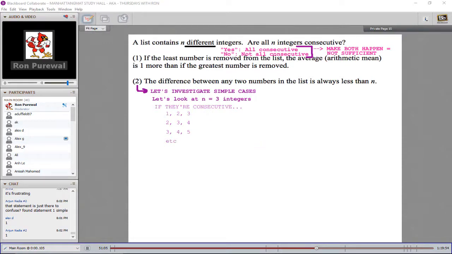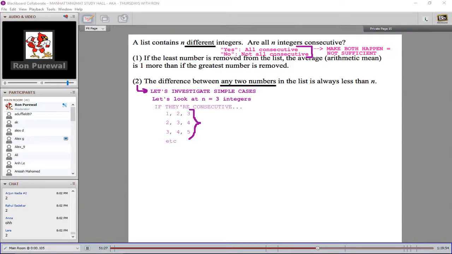Between any two numbers in the list, not any two numbers in a row, any two numbers at all. The biggest difference is 2. And you can tell with any list of 3 consecutive integers, that's how it's going to work.